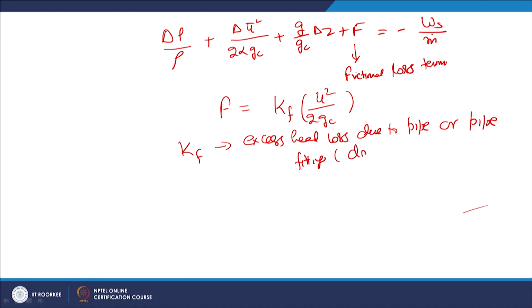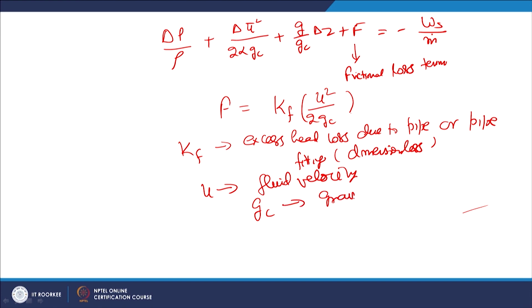This is usually dimensionless, and U is the fluid velocity, and Gc is of course our gravitational constant.